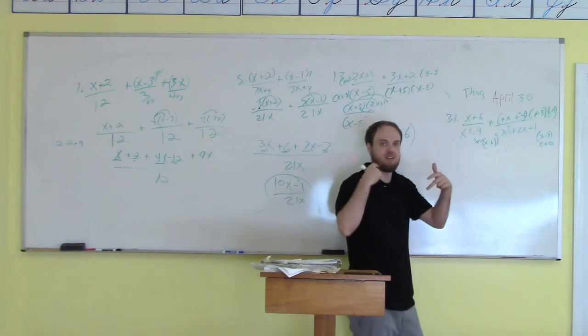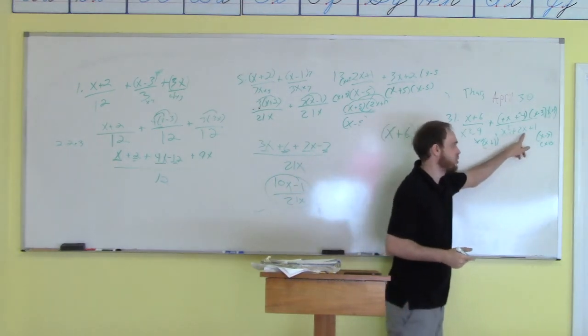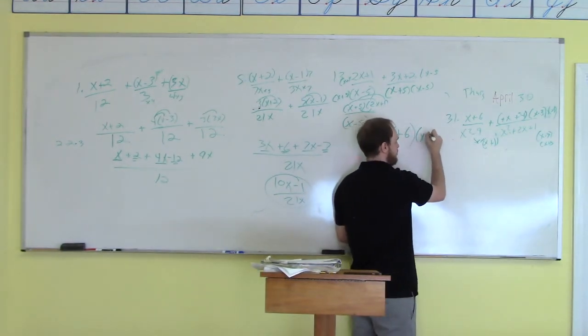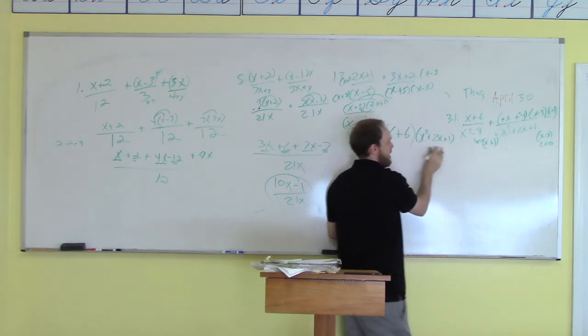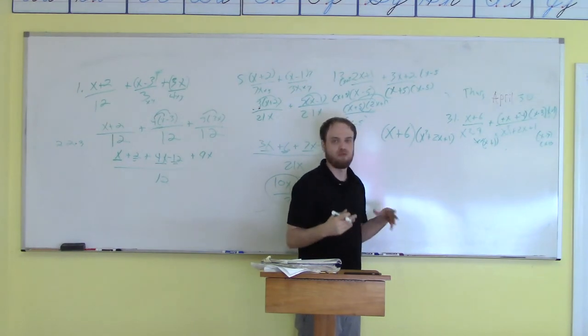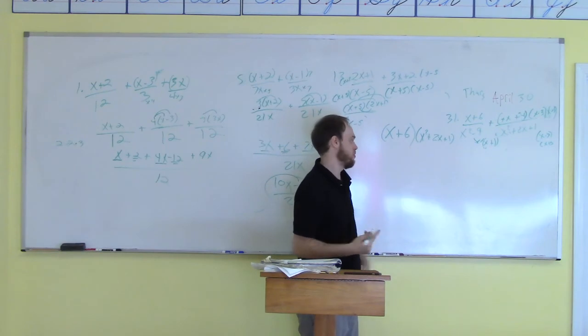So instead of having to FOIL it back out, you can just use the x² + 2x + 1 that you originally had for this right here. So the reason I want to write it like that is simply so I don't have to FOIL it back out. If you FOIL it back out, you just get back to where you started. So just think about it.